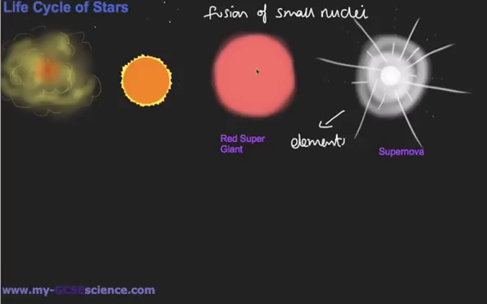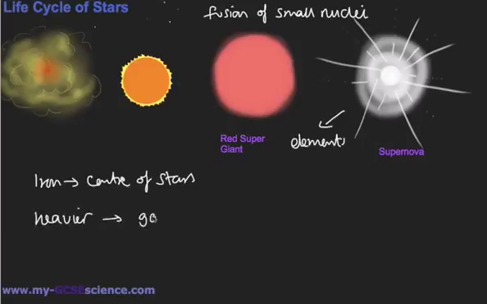During the life cycle of stars, you often get elements up to the mass of iron that are produced, and these are produced in the center of stars. But during our supernova, we can get heavier elements, and that can go all the way up to gold.